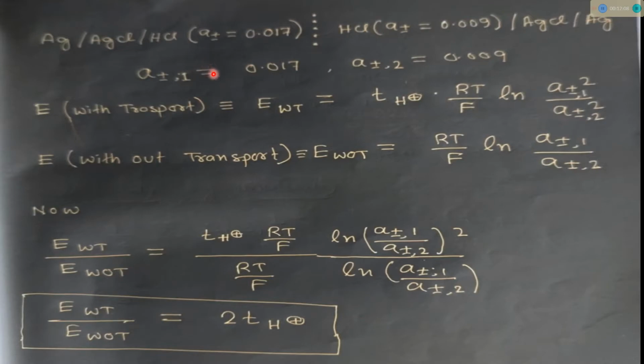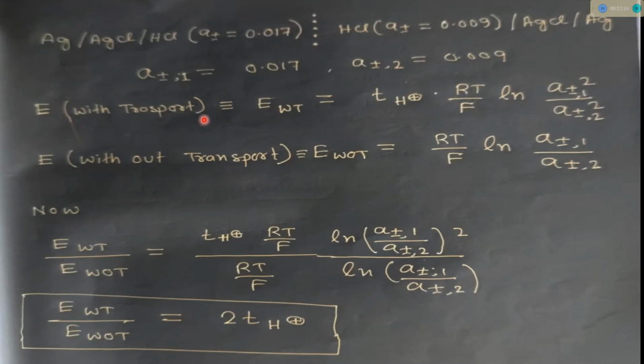If a± 1 is greater than a± 2, then we can write the cell EMF with transport for this kind of cell, where a uni-positive cation and a uni-negative anion are used as electrolyte.